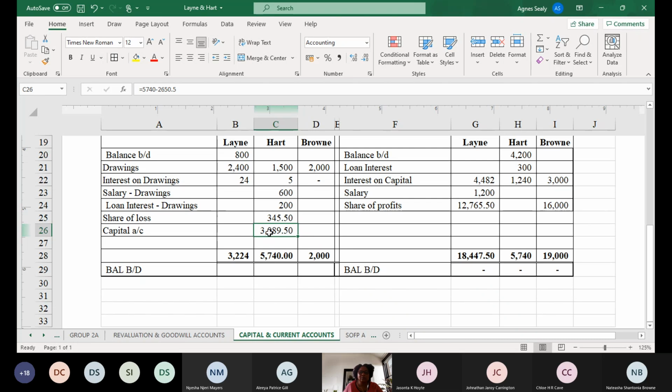Right, let me see. I think something's wrong. The $600 here is wrong. That's for Layne. I put the 600 in the wrong place. So that is 5740 minus 20.